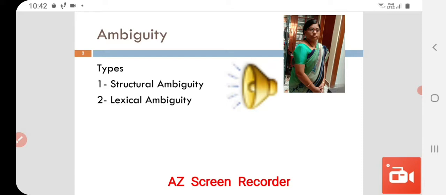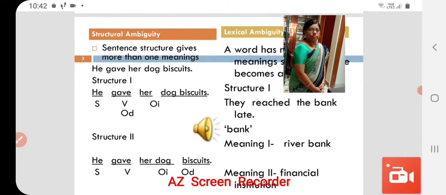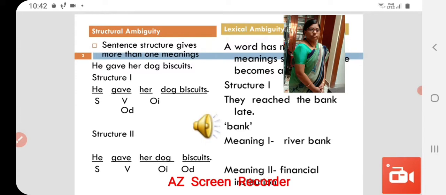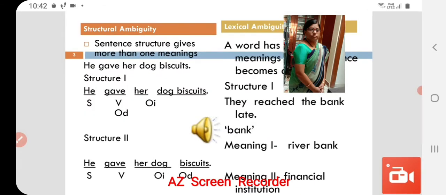So if in a phrase or in a sentence, in a clause, a word is there that creates such multiplicity of meanings, it is known as lexical ambiguity. Here on this slide there are some examples of structural ambiguity and lexical ambiguity.